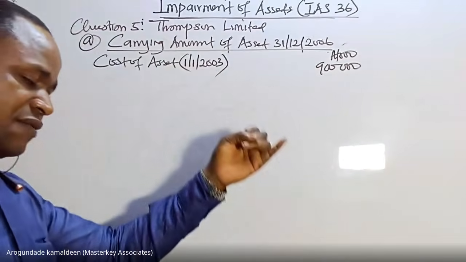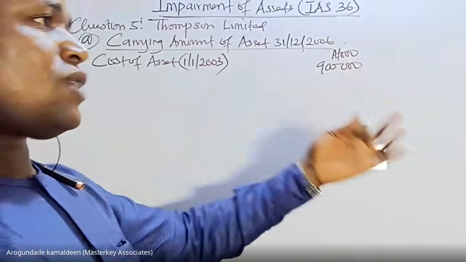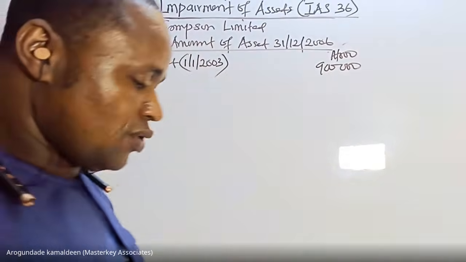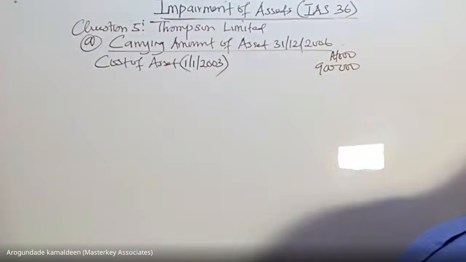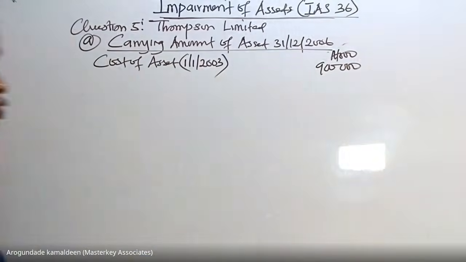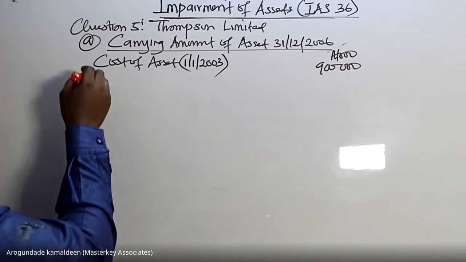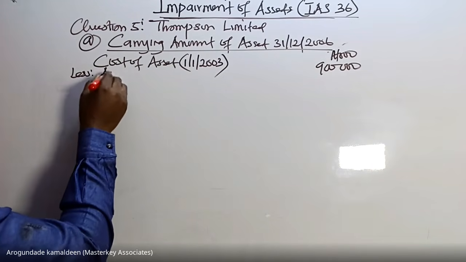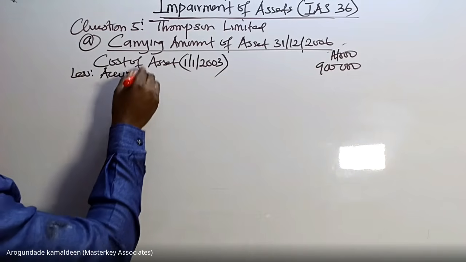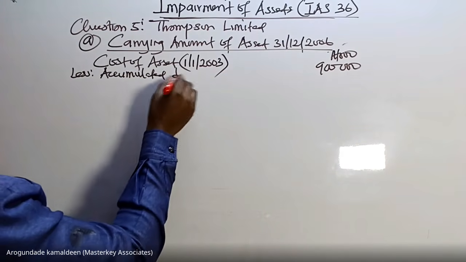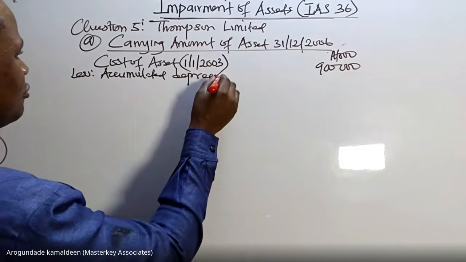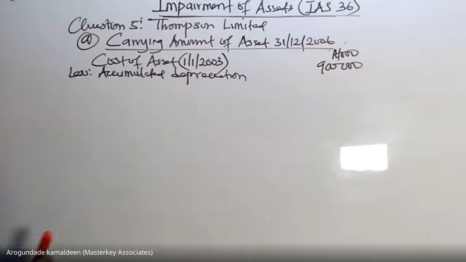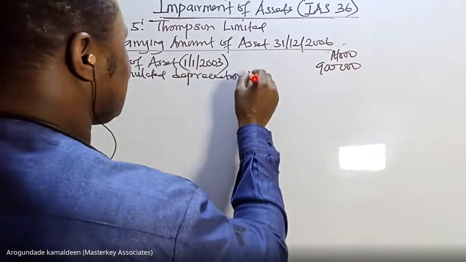So 2003, 2004, 2005, 2006. It has used 4 years. So you say your accumulated depreciation. What is your depreciation per annum?